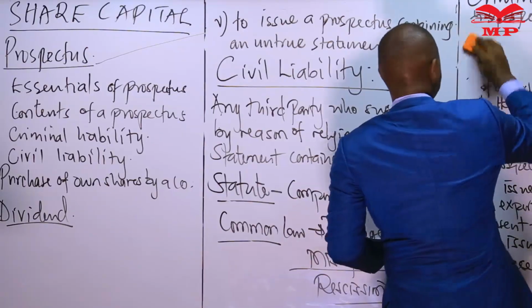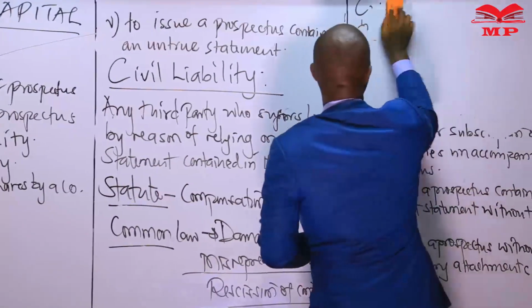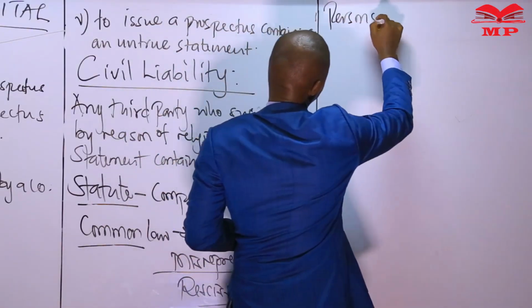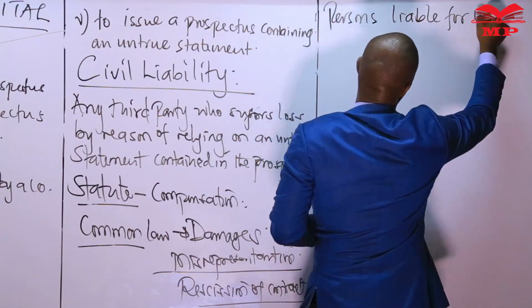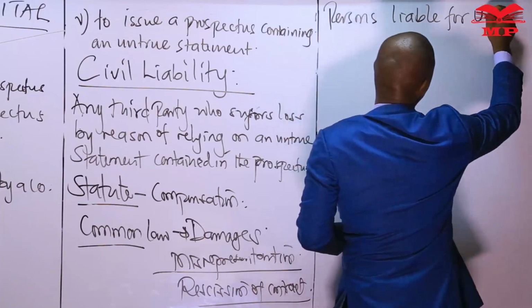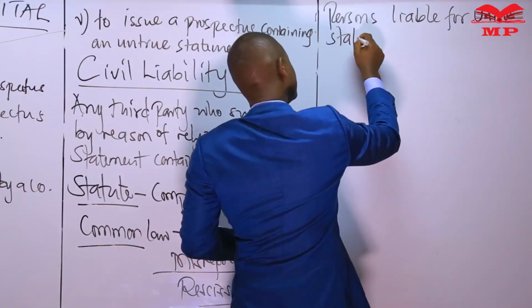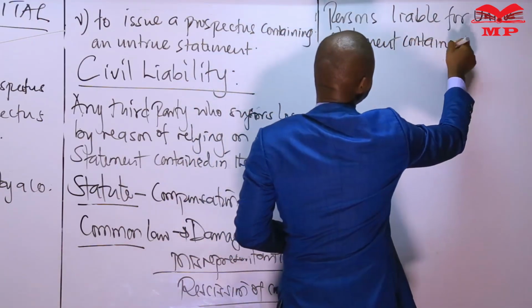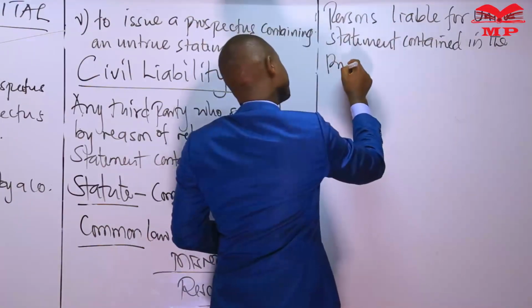So who are these persons that we could be claiming compensation from?